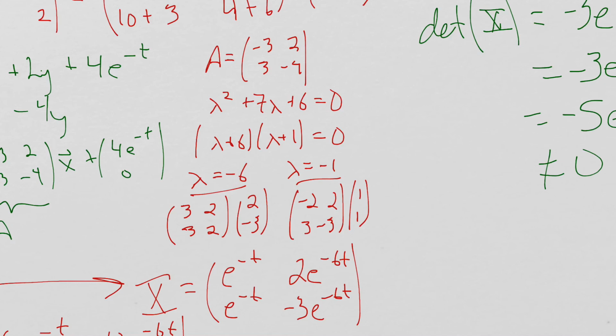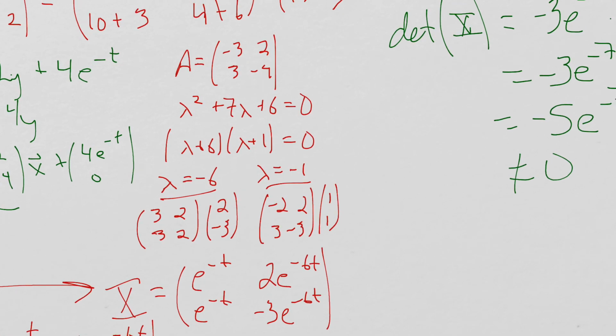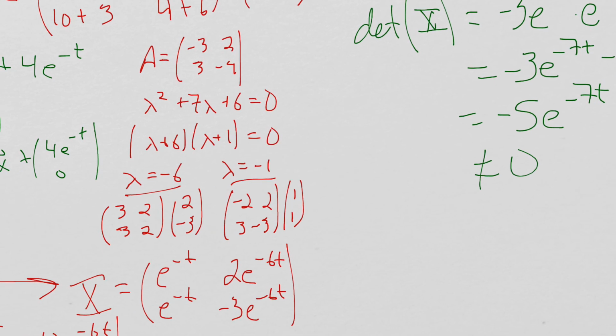What I'm saying here also holds true, I guess. Anyway, this and this are never going to match. And what I would argue is that for the determinant of the fundamental matrix to be 0, this piece and this piece would have to be multiples of each other. They would have to be, our big word, linearly dependent.